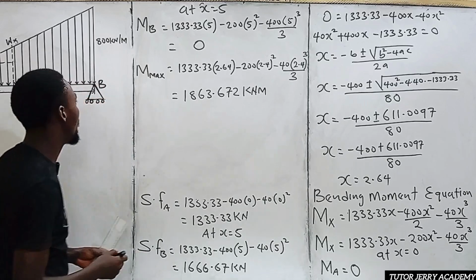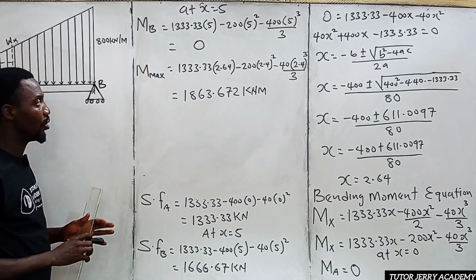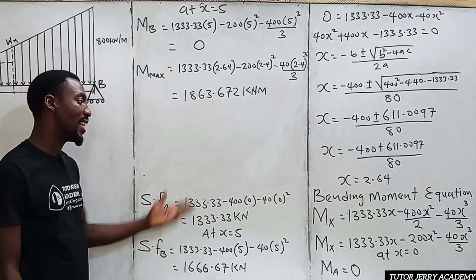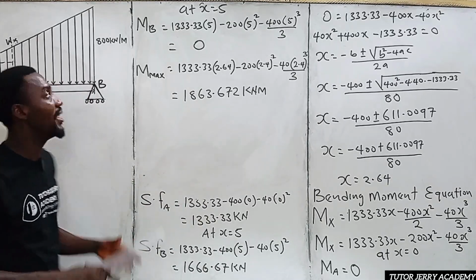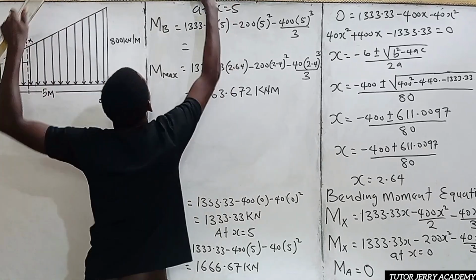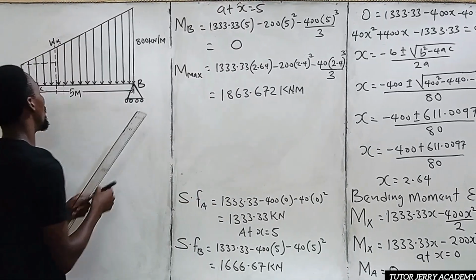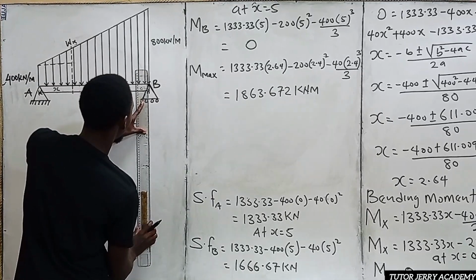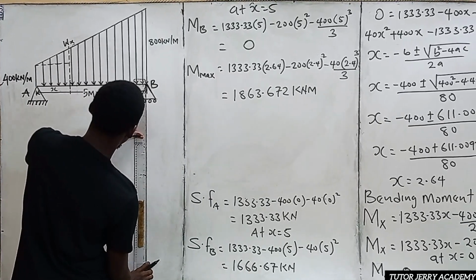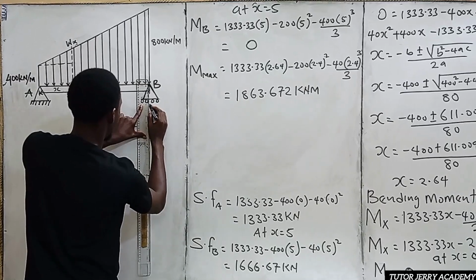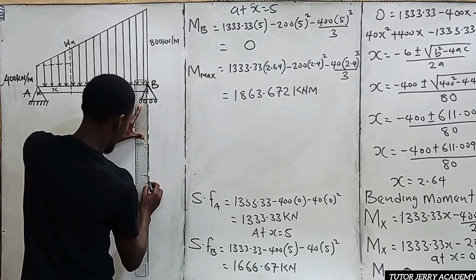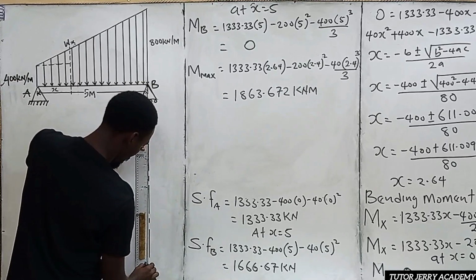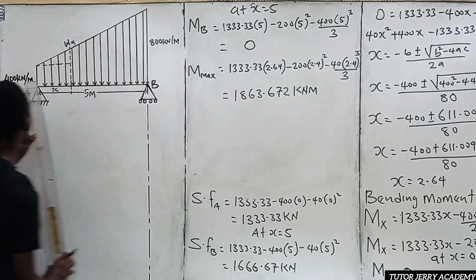All right. So these are all the required values that we need to draw our shear force and the bending moment diagram. So we can draw our bending moment diagram now. For us to do that, we are going to be drawing at each point from the support down.